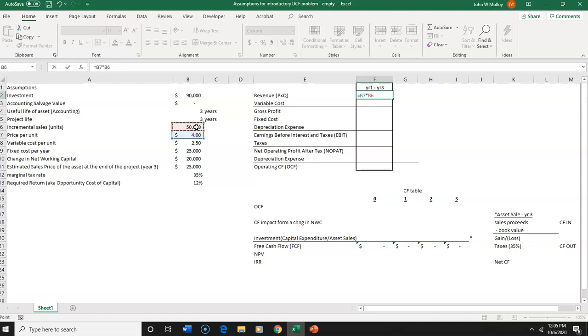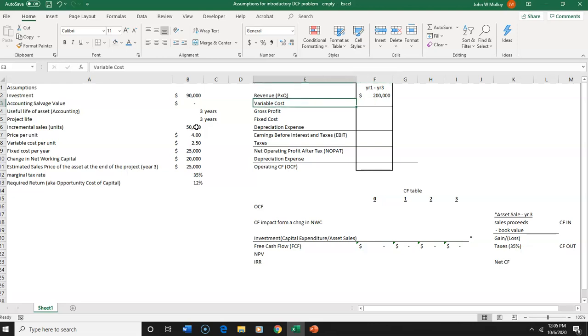Price is $4 times the quantity of 50,000. So I get 200,000, okay? Then I say, well, what's my variable cost? Now this is variable cost in total. So I'll say, okay, I want variable cost per unit times my quantity, okay?